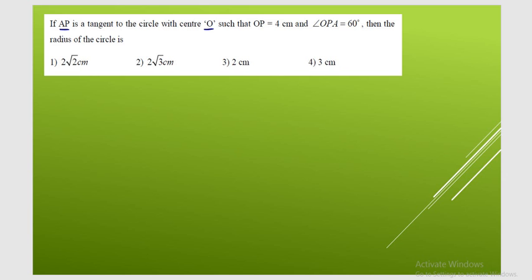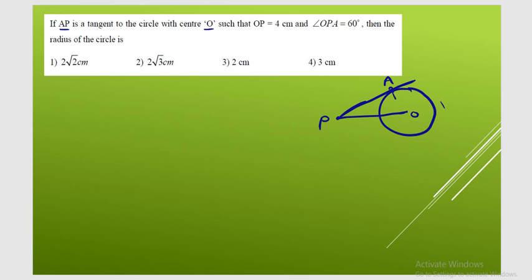Now here in this particular question, he has given a circle with center O and AP is a tangent. AP is a tangent means P is nothing but the external point. This tangent meets the circle at point A.